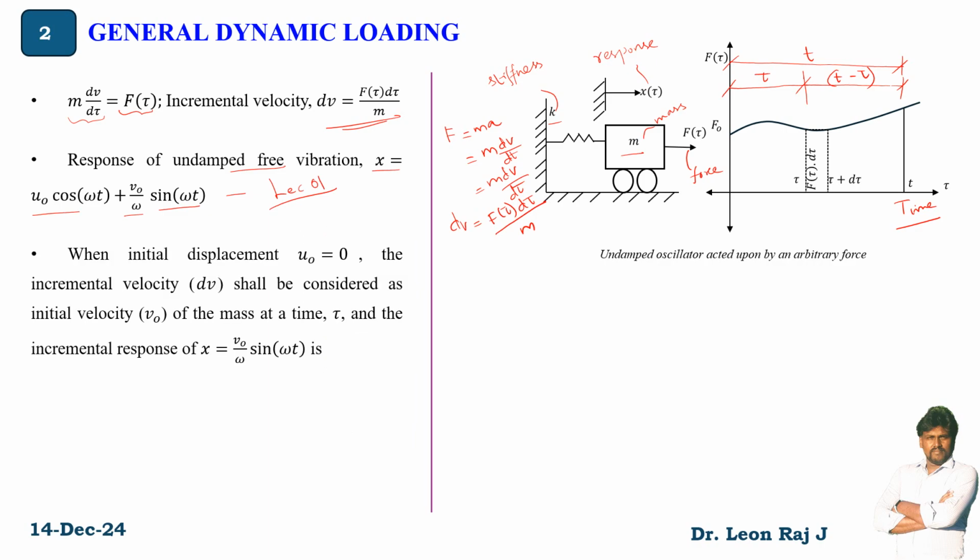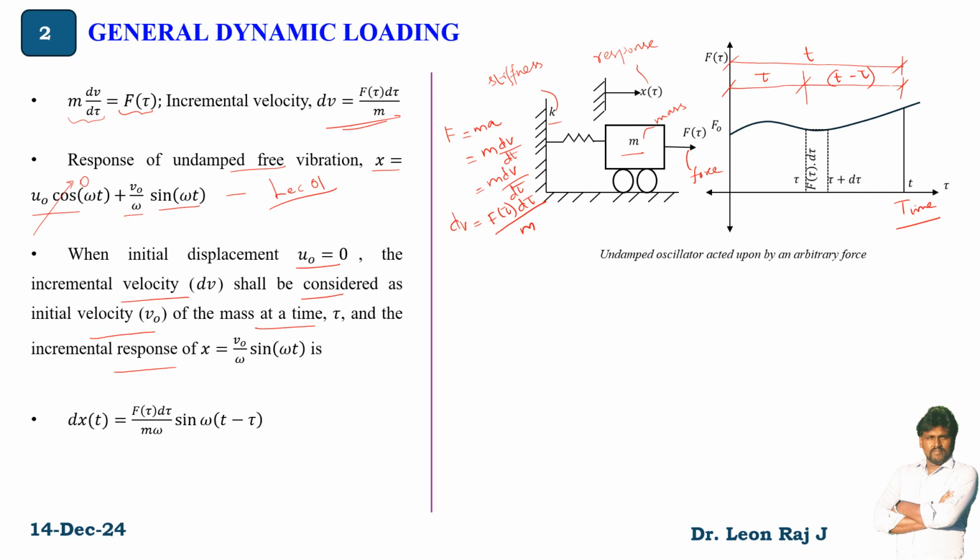When the initial displacement u0 equals 0, the incremental velocity dv shall be considered as the initial velocity v0 of the mass at time tau, and the incremental response has u0 equal to 0, so your response x equals v0 by omega sin omega t.